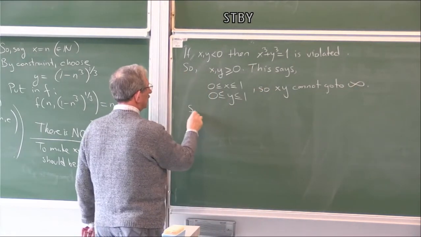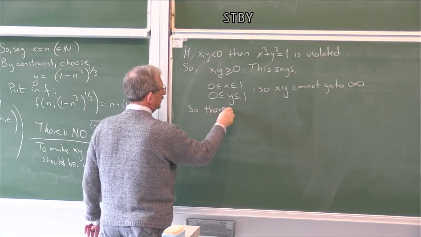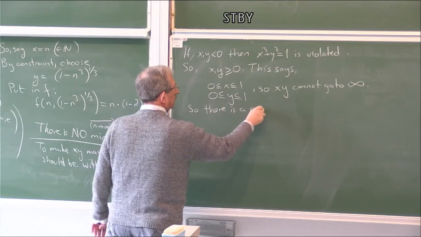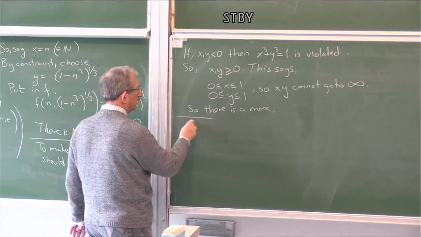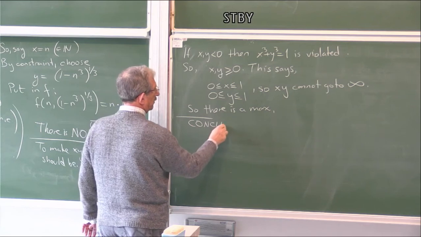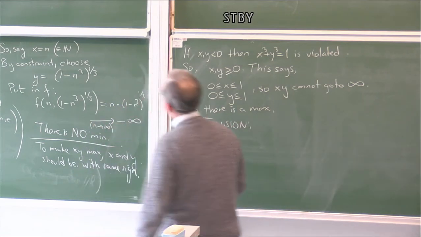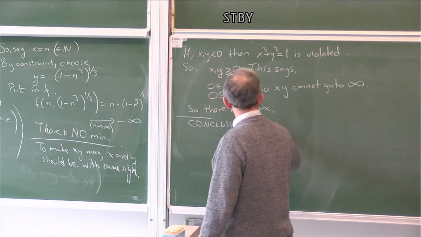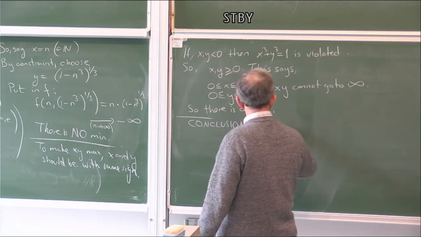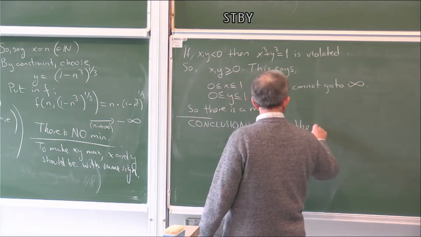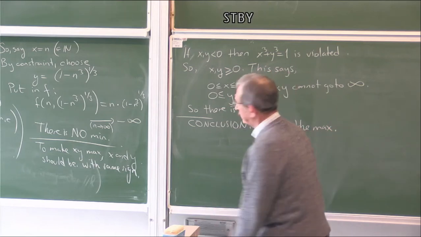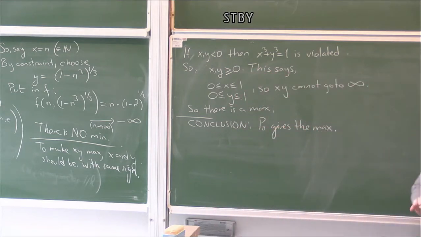Okay, so there is a maximum. Conclusion. The point in question, that is P0, gives the maximum under the conditions. The minimum is minus infinity.